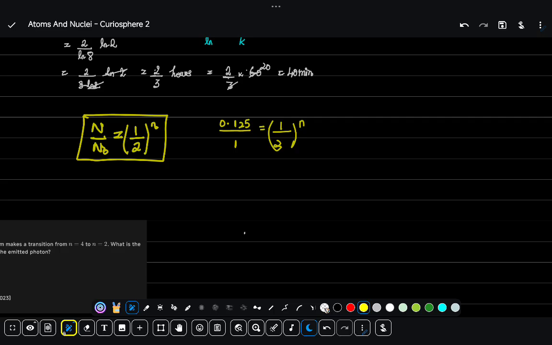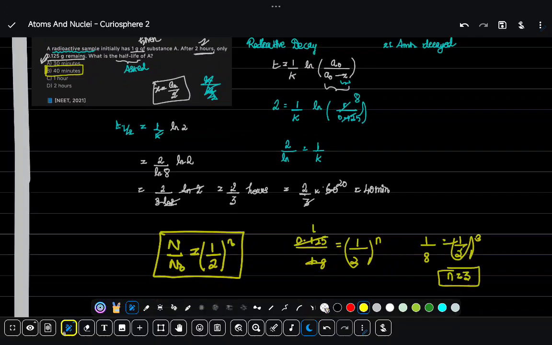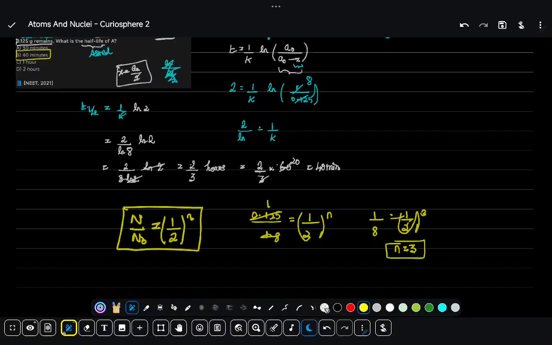So N by n naught is 1 by 8, and 1 by 8 equals 1 by 2 the whole cube. So n is equal to 3. There are 3 half-lives contained in this 2 hours.